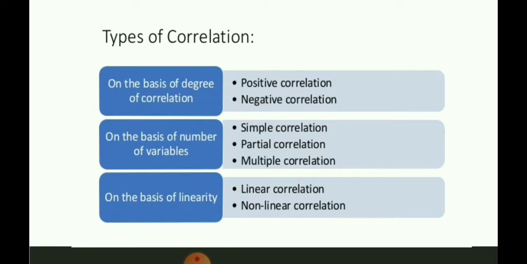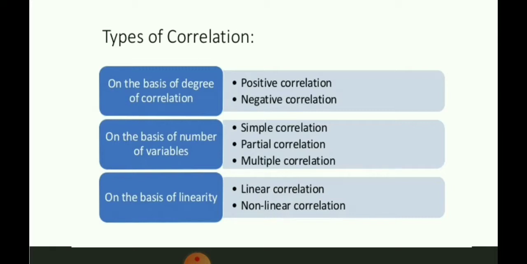Now the third thing that is in your syllabus is types of correlation. We divide correlation, you find the types of correlation, on three bases. First is on the basis of degree of correlation. Degree of correlation means its two types are positive correlation and negative correlation. Second is on the basis of number of variables.